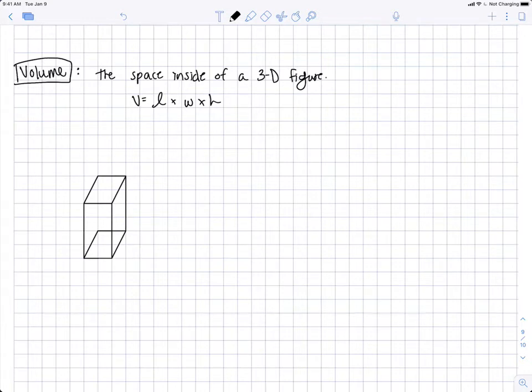So I would just connect the first three corners and skip this back corner here, just because I don't want to get us confused with all the different lines and things that we're looking at. All right, and the dimensions of this rectangular prism, we have 5 here, we have 8 there, and 12 would be the height.